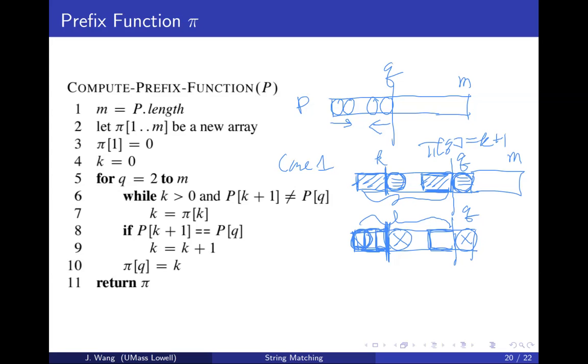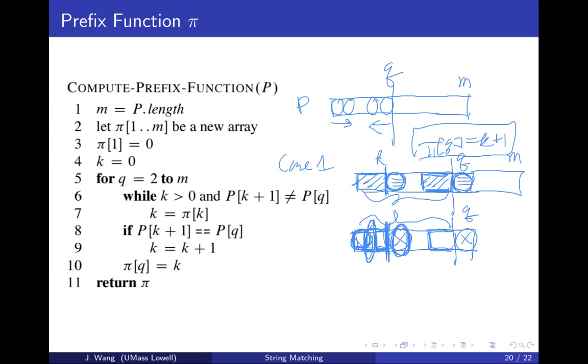Now I'm going to see whether this thing would be the same as this thing. That way I can compute this pi of q.